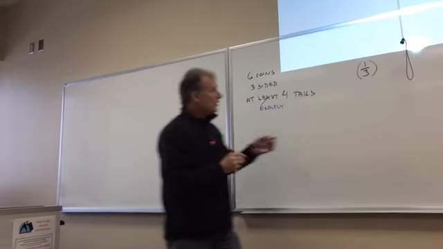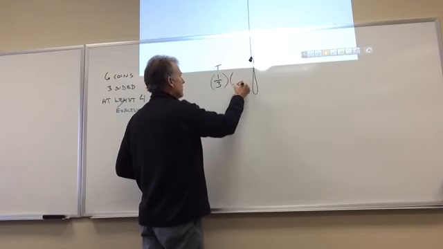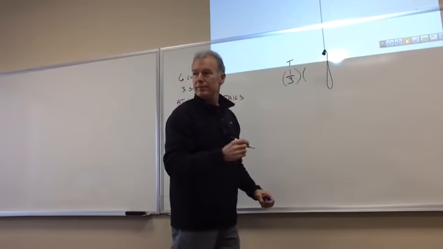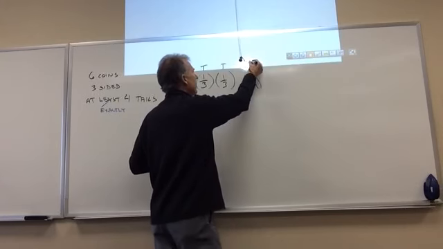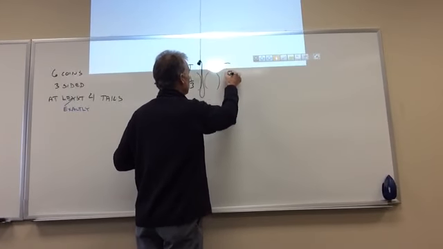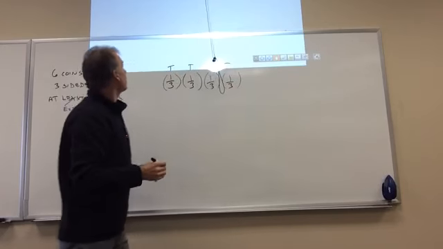Then we'll change that. So this would be my tail. What's the probability of getting another tail? 1/3 again. So we got tail, tail, tail. 1/3, 1/3. But I have 6 coins.